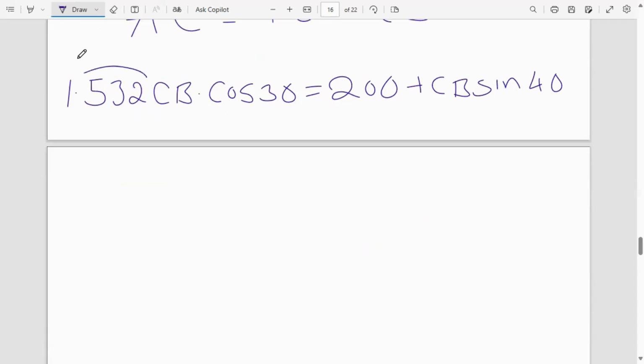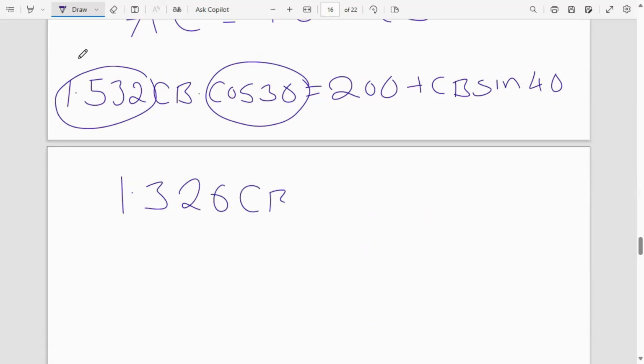Here I can multiply 1.532 by cos 30. And what am I going to get? I'm going to get 1.326 CB being equal to 200 plus CB sin 40.